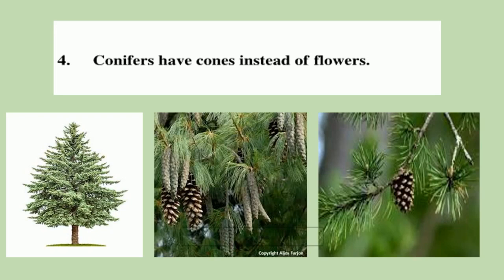Instead of flowers, they have cones. The reason is that cones withstand heavy snowfall or rainfall and do not get damaged. The cones are also woody and a bit hard so that they can protect the trees' reproductive system, but flowers get damaged by snow and rain.